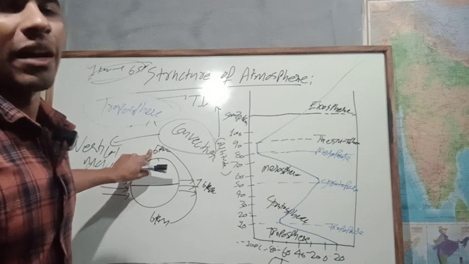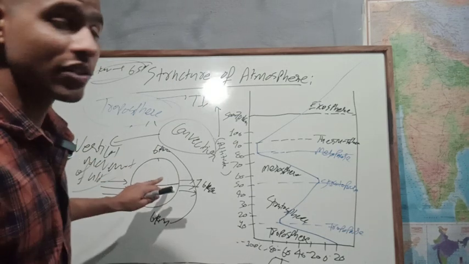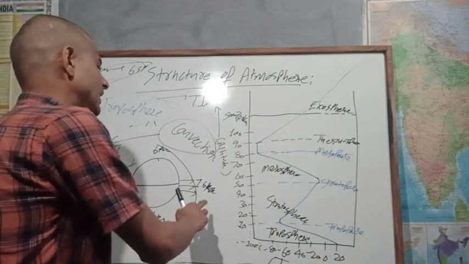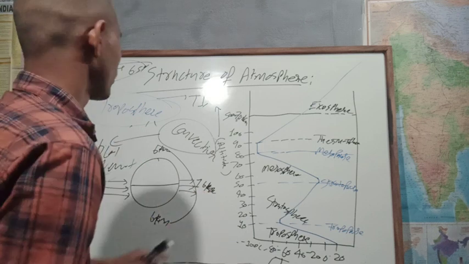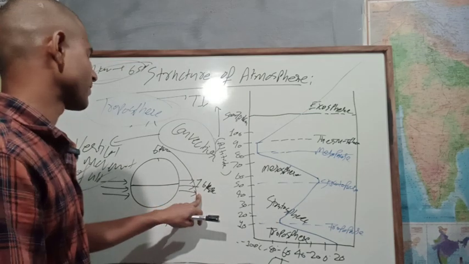The temperature is not so high. The temperature is low. And that's why the height of the troposphere is around 16 kilometers at the equator and 6 kilometers at the poles.